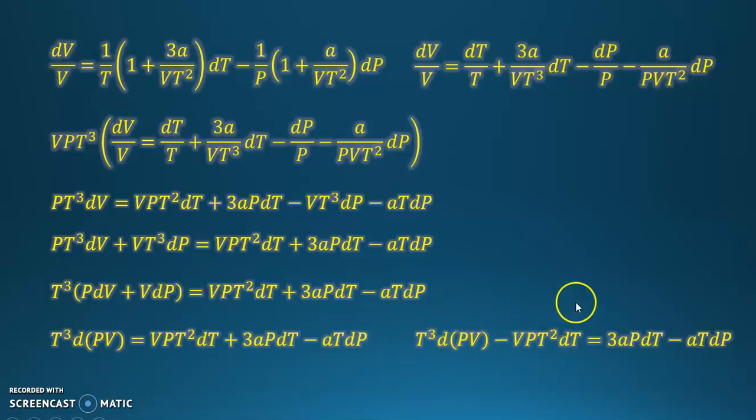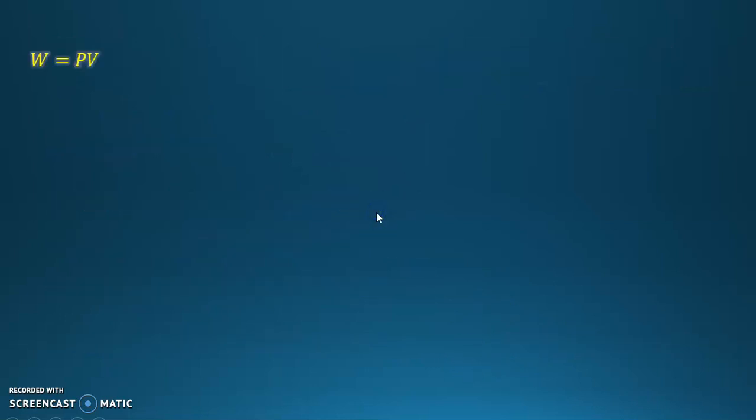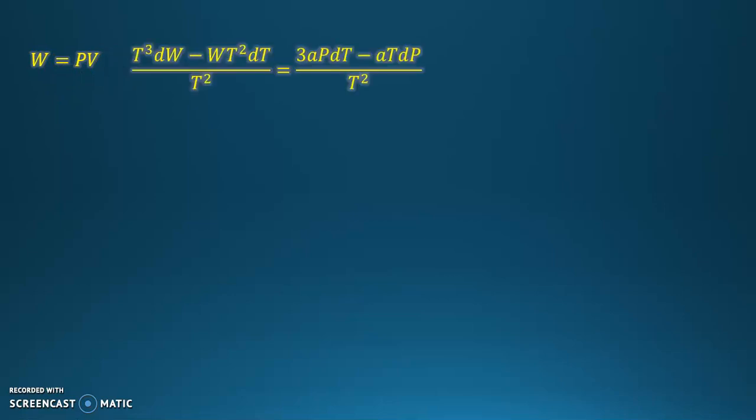In order to notice better what's happening with variables and the differentials, let's do a change of variable. For example, let's say that W is equal to P and V, in order to rewrite the differential equation like this.